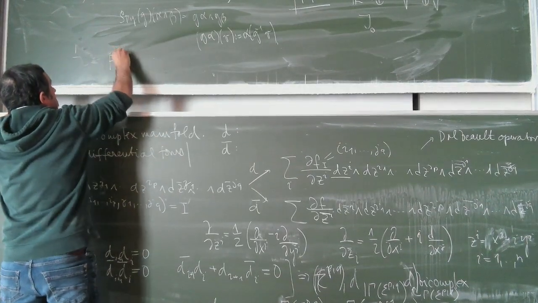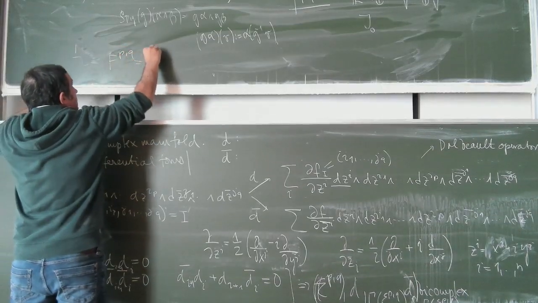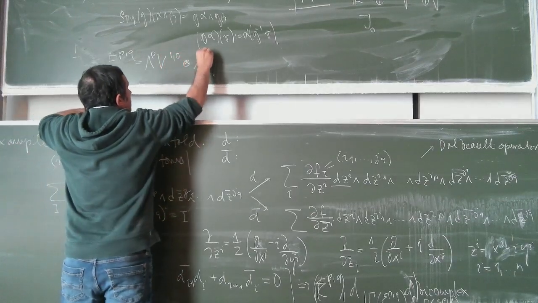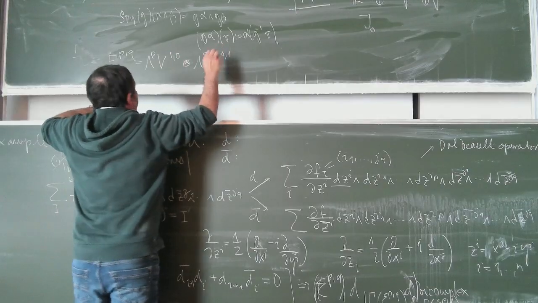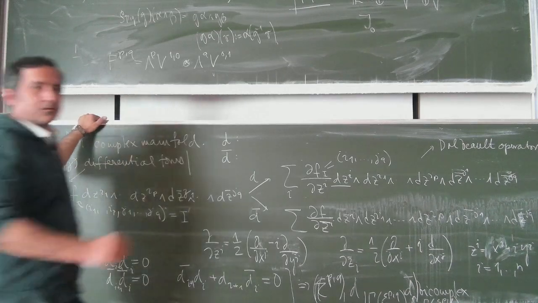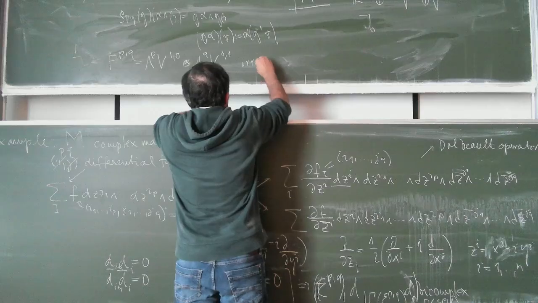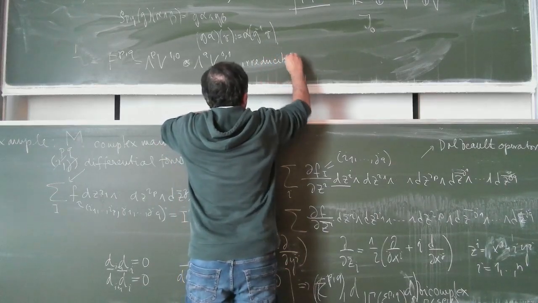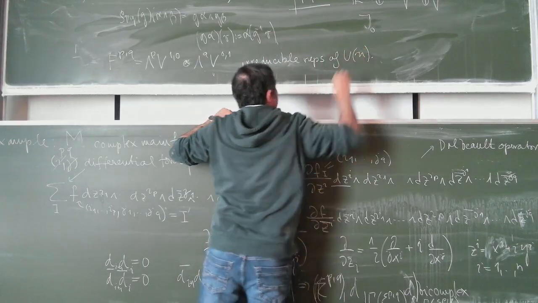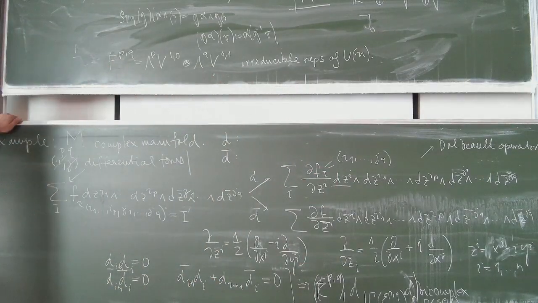FPQ are irreducible for the representations of UN irreducible. So you can be motivated by these examples to construct by these three examples.